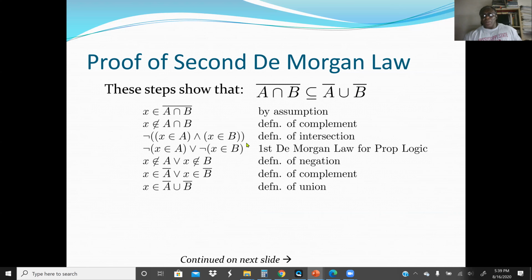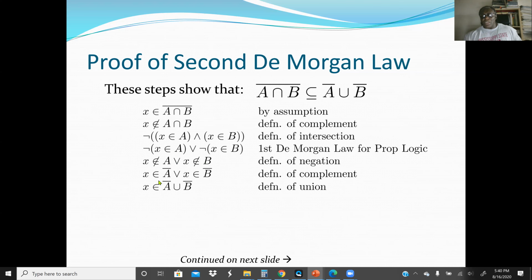First, by the definition of the complement, if element S belongs to the complement of A intersect B, then S doesn't belong to A intersect B. So here we can say, if S belongs to A and S belongs to B, then not S belongs to A or not S belongs to B. And then we have S not belonging to A or S not belonging to B.